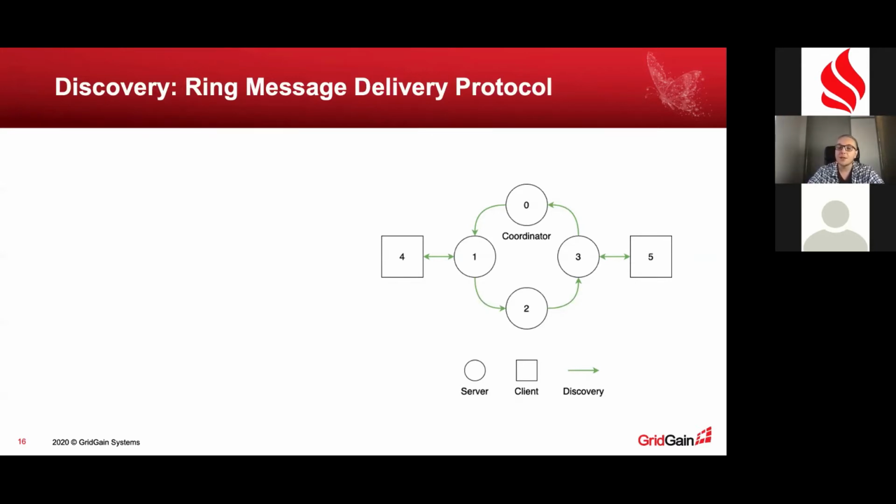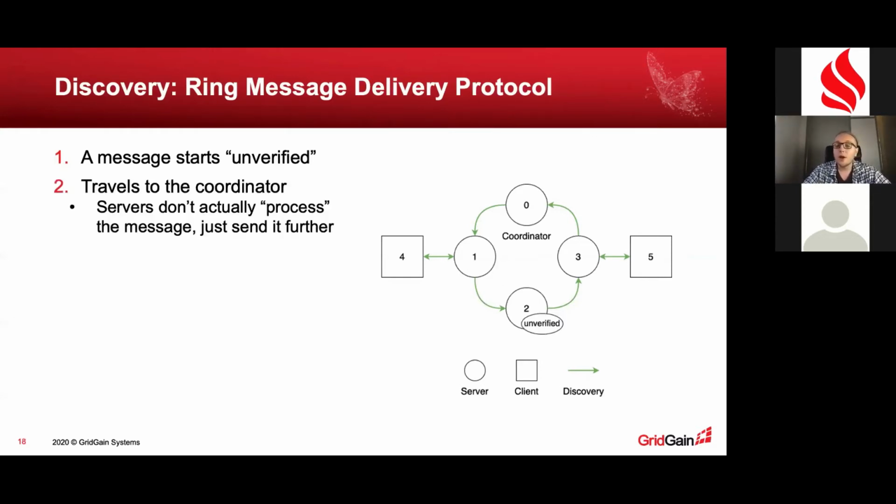We just say that this is a message which all nodes need to receive, and the node will be sending it via the discovery protocol. The message starts on node 1 as an unverified message, which means it has not been assigned an order just yet.